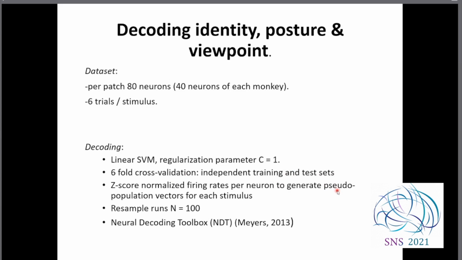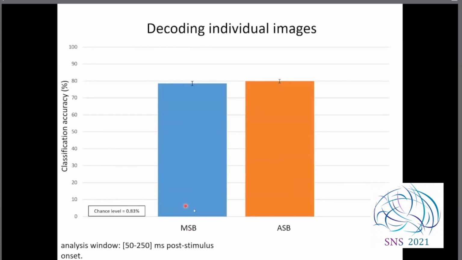Now, before going to the identity, posture, and viewpoint decoding, I'm going to show that there was no difference in MSB and ASB when we asked the classifier to identify which of these 120 images was presented.